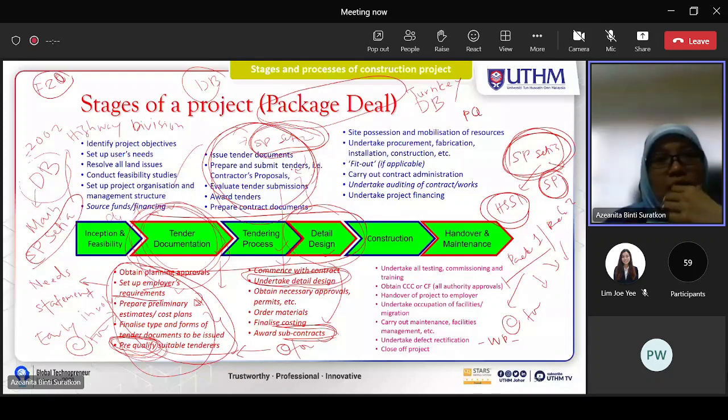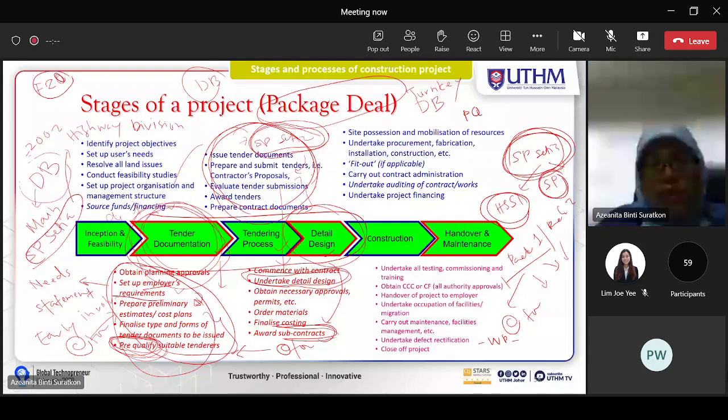In a normal practice, traditional contract, the contractor will only give the cost based on the design provided by the consultant. But for a package deal, if the consultant has already prepared a certain percent of the project, he will continue from what the consultant has designed.